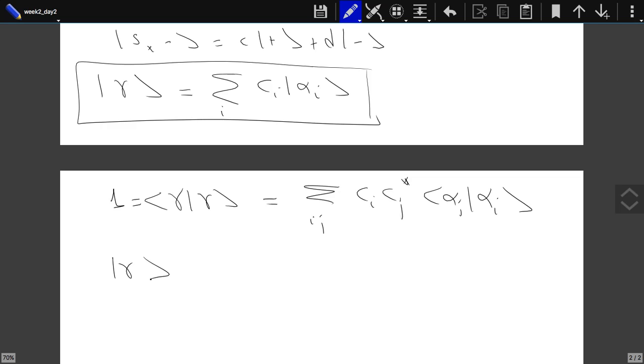So rather than using the x, y, and z components of the spin, I will describe this spin as a superposition of two states. Just like in the case of the photon, we have the polarization in the x direction, polarization in the y direction. Any polarization we can write as the superposition of these two.